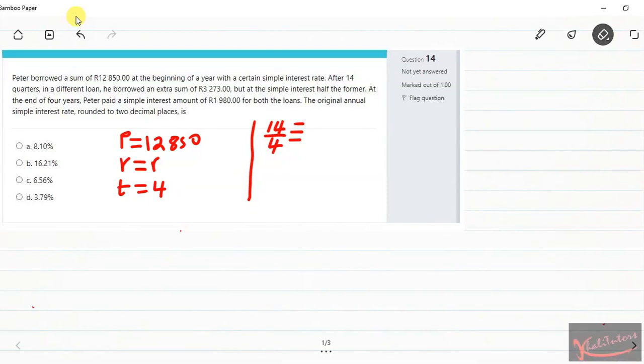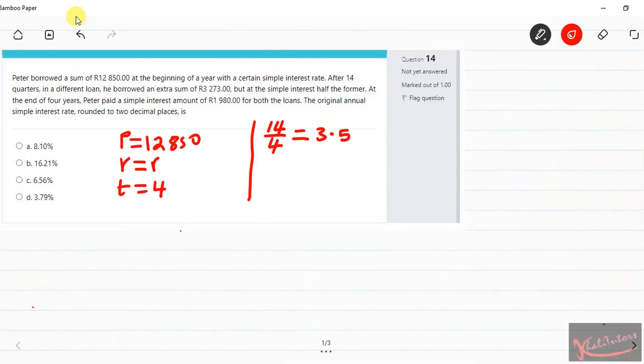So we're trying to convert this to years. 14 quarters is equal to 3.5 years. This simply means after 3.5 years of these 4 years, he went on to take another loan, right? So the second loan will only run for half a year, which is 6 months.